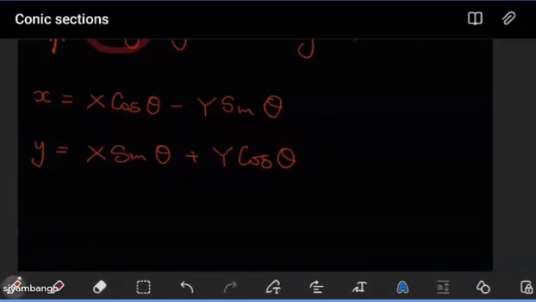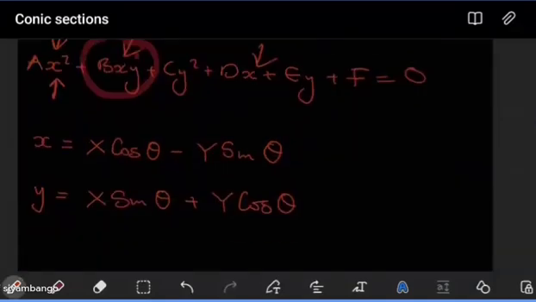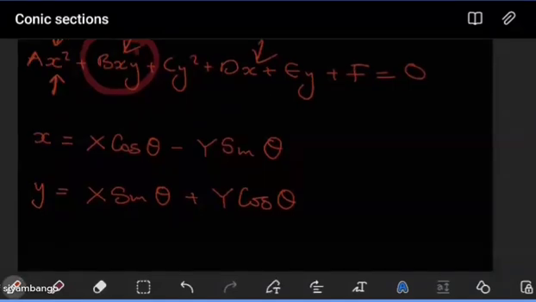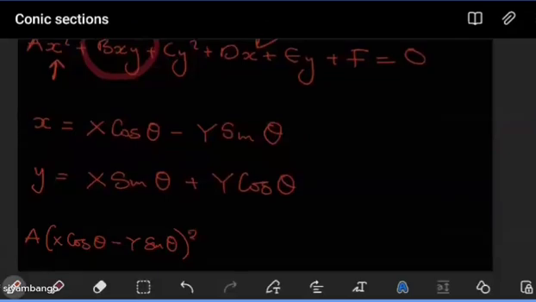So to do that, first step, since this is a generalized formula we need, we will keep it general with A, B, C, D, E, F as unknowns, so that now where we have x, we'll put capital X cos theta minus capital Y sine theta. But remember that the first x there is squared. Plus, now I have b. And b has x and y multiplying.